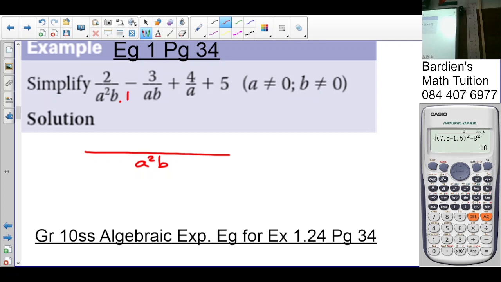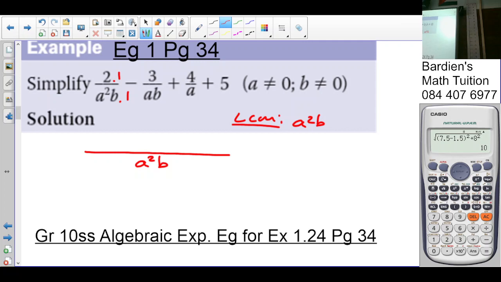By 1. Remember my LCM was a squared b. If I multiply the denominator by 1, I multiply the numerator by 1. Why? To keep it an equivalent fraction.